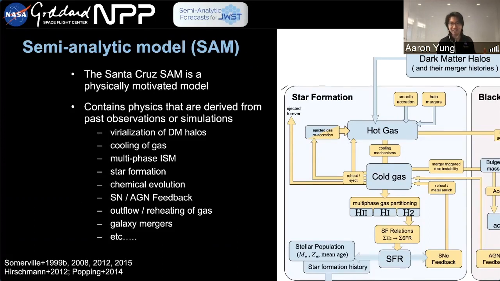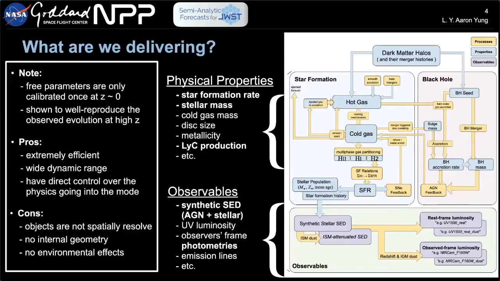This is just a brief collection that I want to tell you about, so you get a sense of what kind of physical processes went into the model, and the sources are made with this physical model. Okay, so this is the bigger picture. We also have black holes in there, but we did not turn on the black hole or AGN feedback mechanisms, and we show that it doesn't really do much at the redshift that CEERS is most interested in.